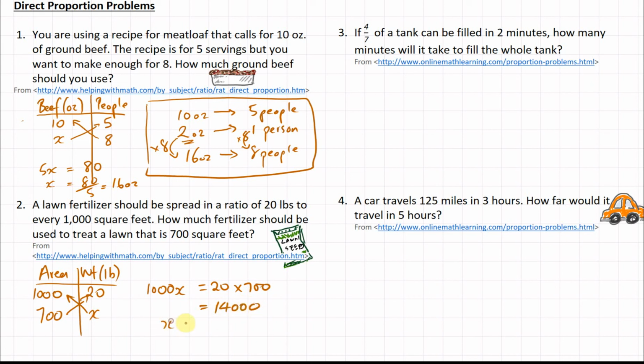So x is equal to 14,000 divided by 1,000, and that is equal to 14. So x is 14 pounds. So 14 pounds are needed to fertilize a lawn that has that area. Okay, you can pause the video right now and have a go at number 3 and 4.